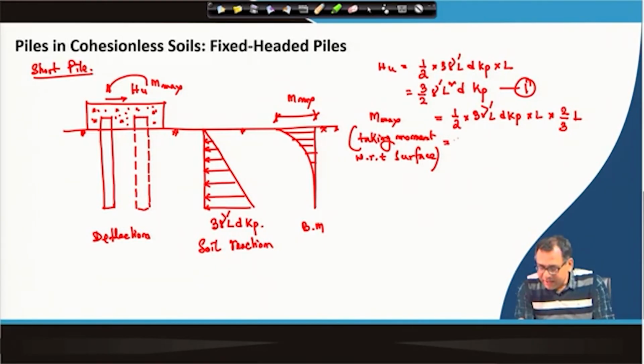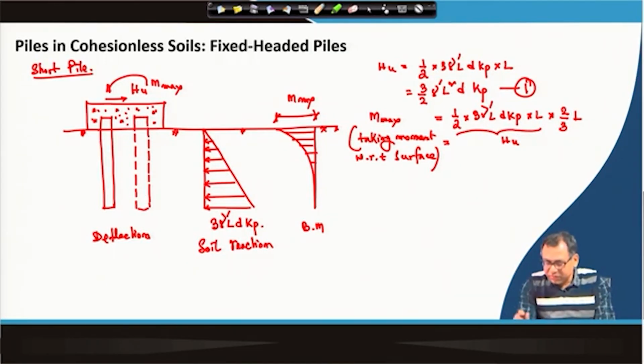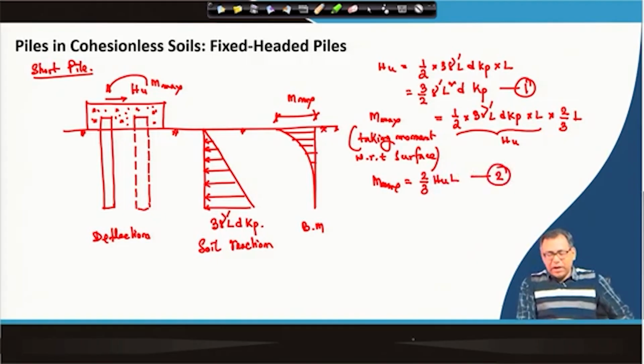So, that is the moment, and this is nothing but Hu. So, I can write that M max will be equal to 2/3 of Hu into L. So, we have calculated Hu by using equation 1, and we will calculate the maximum moment using equation 2, and you have to check whether the maximum moment is within the yield moment or not.